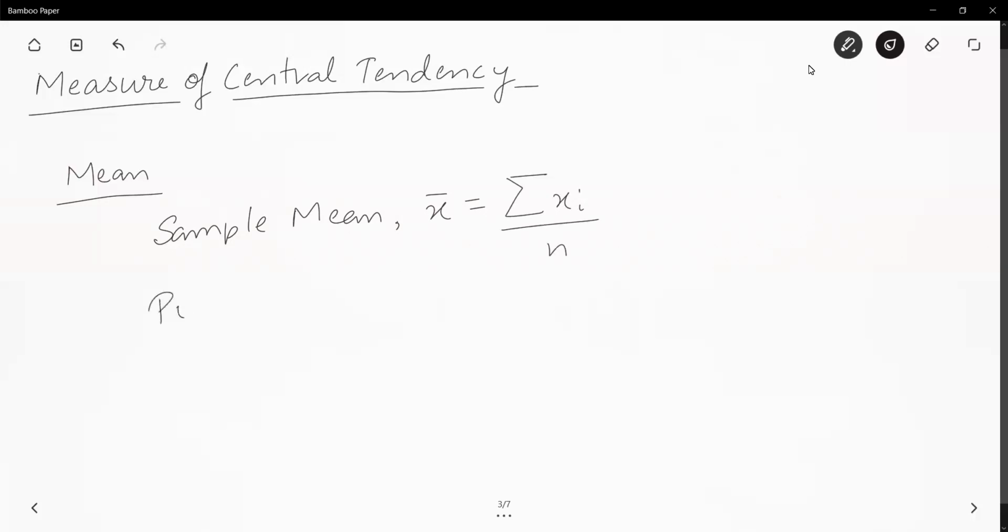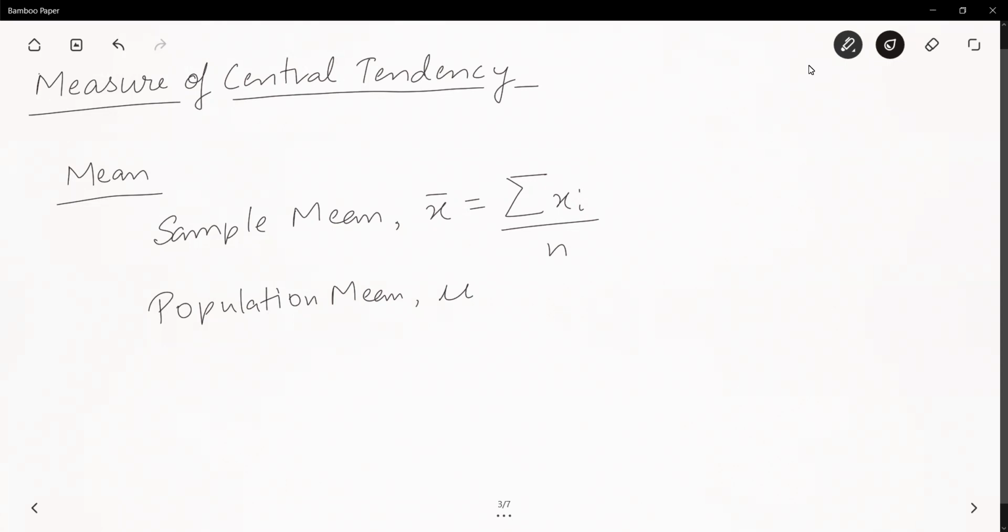And if it is a population mean, so if I am going to find the mean in a population, it is denoted by mu. The formula in both places is the same, but the symbol changes. For the sample mean it is x bar, and for the population mean it is mu.